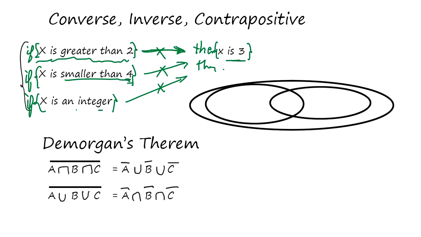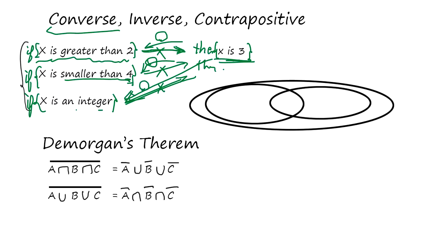But let's consider the converse. Converse: if x is 3, then x is greater than 2. That's correct. If x is 3, then x is smaller than 4. That's correct. If x is 3, then x is an integer. That's correct too.